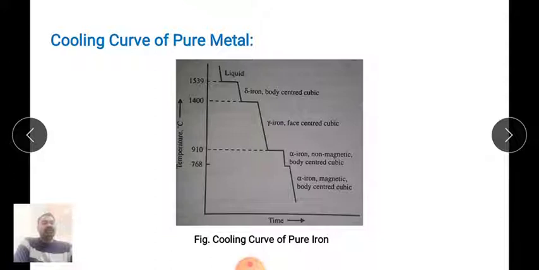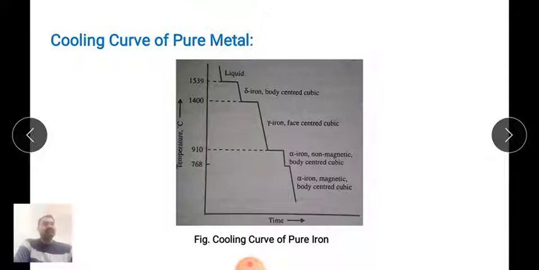Then from 1400 to 910 degrees Celsius, again we have obtained austenite, which is face centered cubic structure. Then between 910 and 768, two phases are observed for alpha iron or alpha ferrite, non-magnetic and magnetic. Magnetic alpha iron is from room temperature up to 768 degrees Celsius, and from 768 to 910 degrees Celsius, that is non-magnetic alpha iron. So this is nothing but the cooling curve for pure metal.